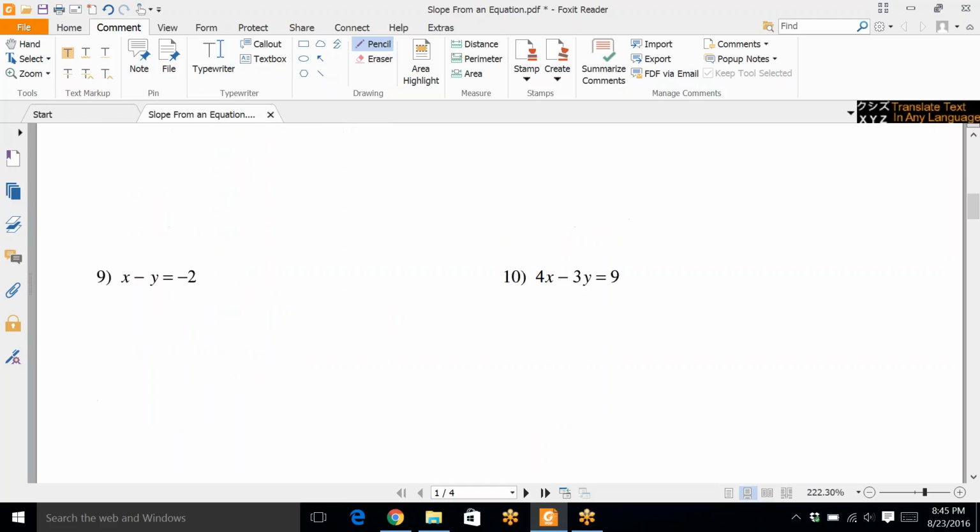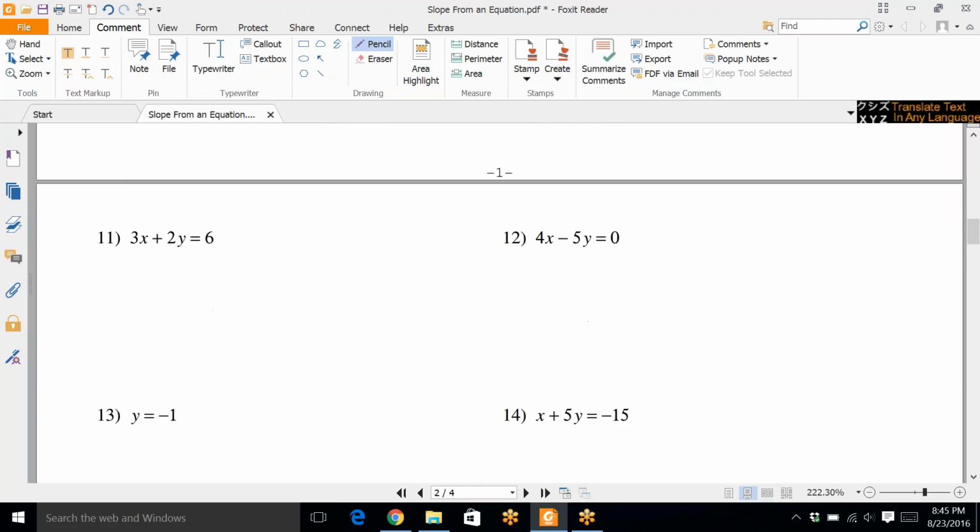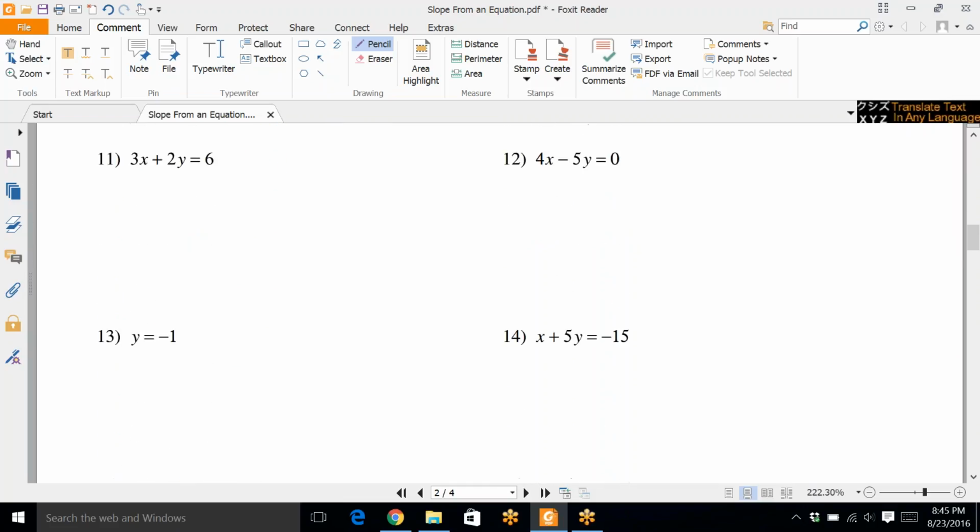If you want to look at a more interesting one, let's see if I have any that are a little more interesting. Yeah, let's look on the back side. For this one, I think I want to do number 12. For this one, we would need to subtract 4x over to get it away from the y. If you have a 0 over here, when you rewrite your answer, you don't need to write +0.